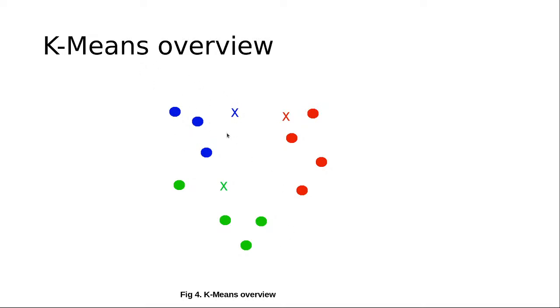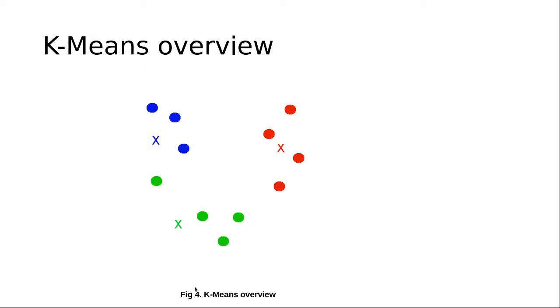Once we have marked them, we update our center points to be closer to the points that we have identified. So we have updated our center position. So far so good. As far as the red group is concerned, we're good.